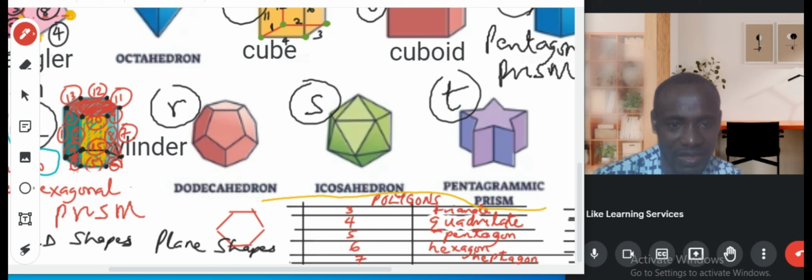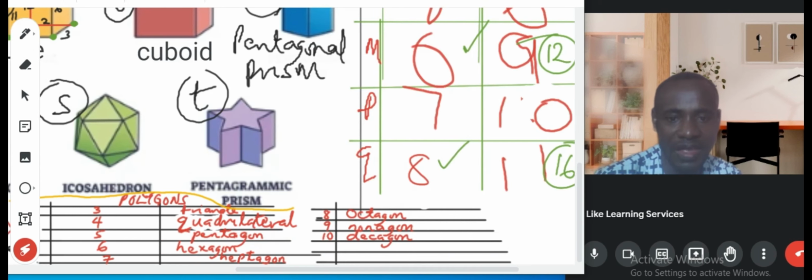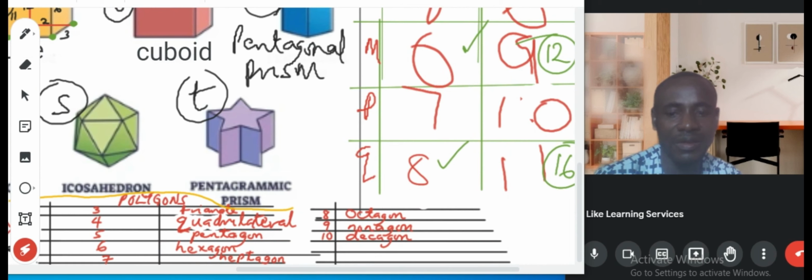A square is an example of a quadrilateral. 5 sides is pentagon, 6 sides hexagon, 7 sides heptagon, 8 sides octagon, 9 sides nonagon, 10 sides decagon. The general name for 4 sides is quadrilateral.